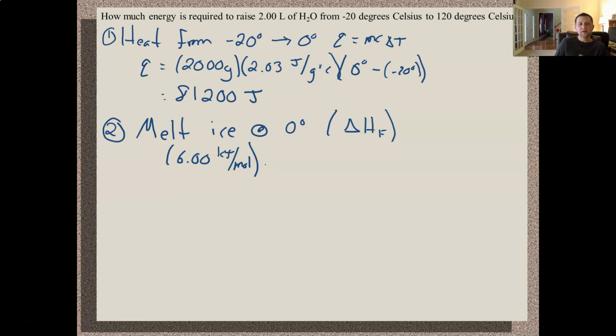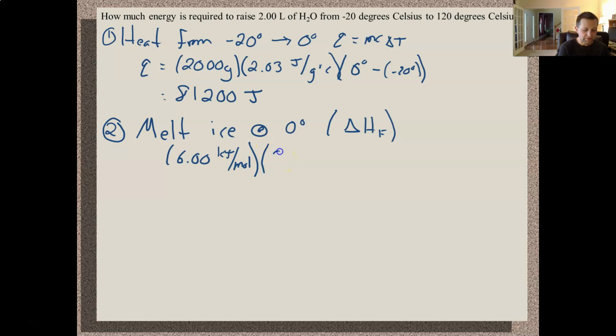That's easy to do because I have 2,000 grams of water. I could just convert 2,000 grams of water into moles of water and then convert the kilojoules into joules there. So it takes 6 kilojoules of energy to melt a mole of ice. We need to figure out how many moles I do have.